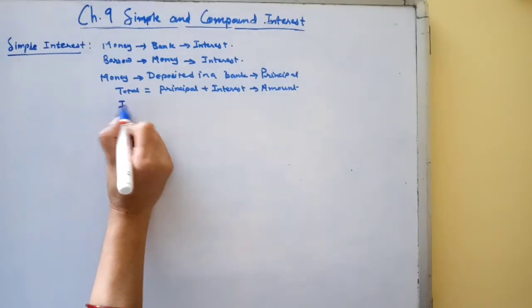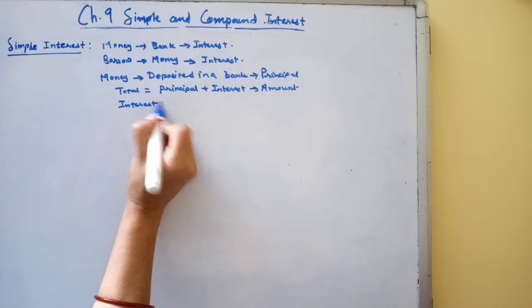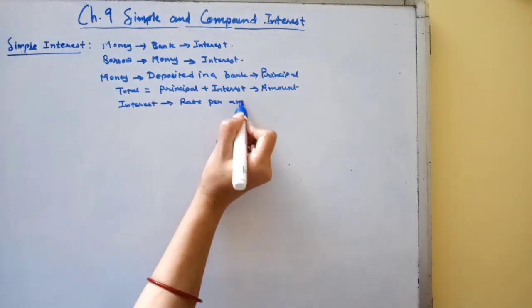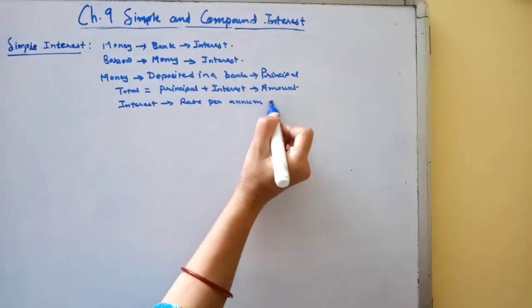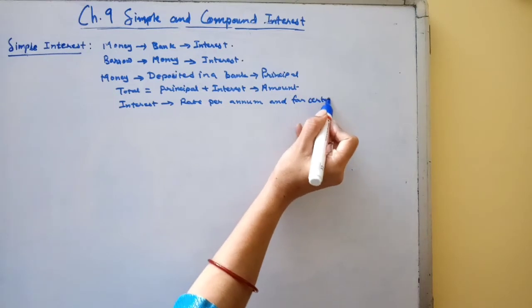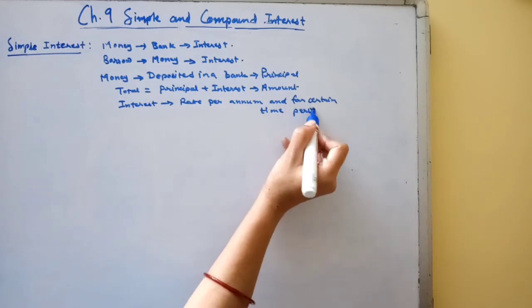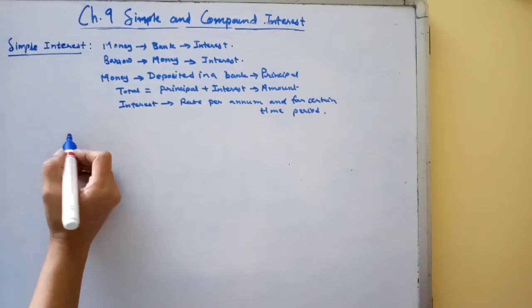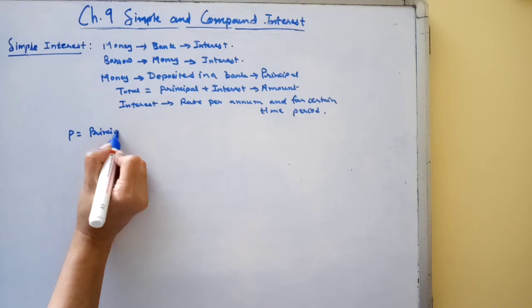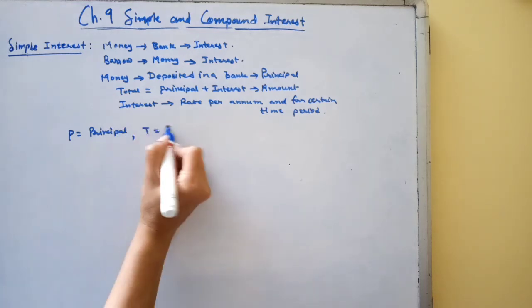Interest is calculated on a rate per annum and for a certain time interval or time period. So P is the principal and T is the time period.